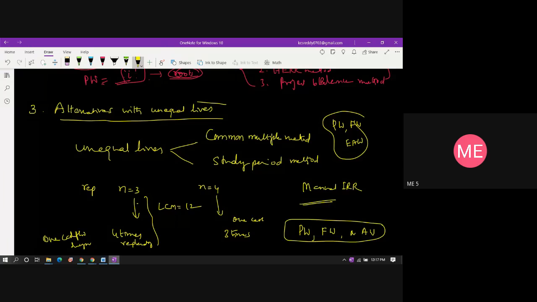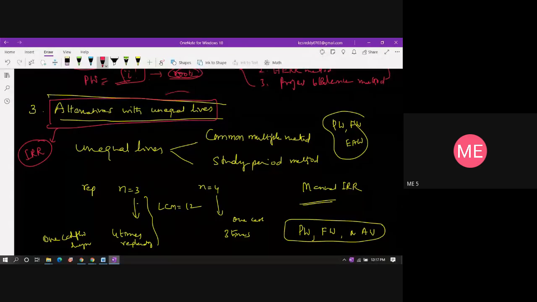So when you have alternatives with unequal lives, the IRR method is not suggestible.